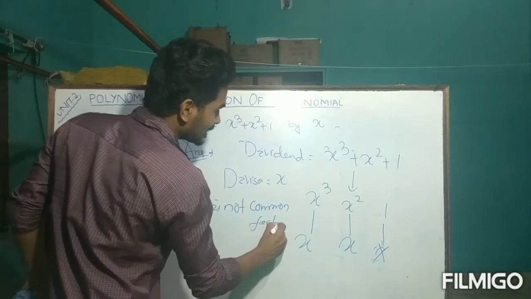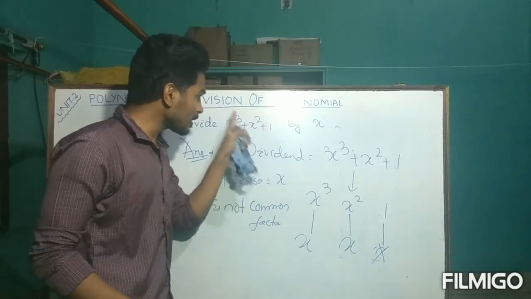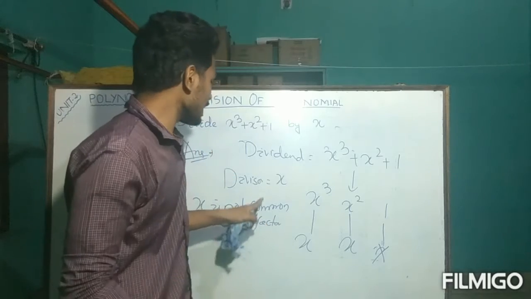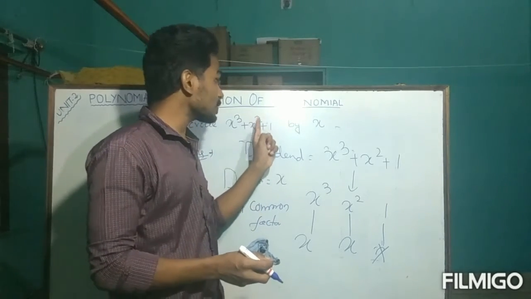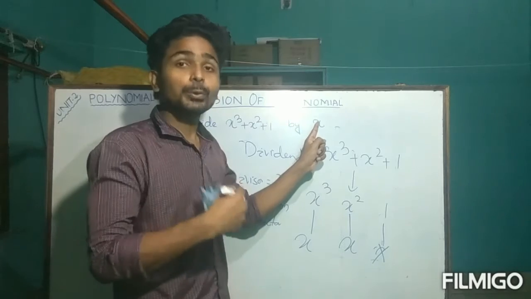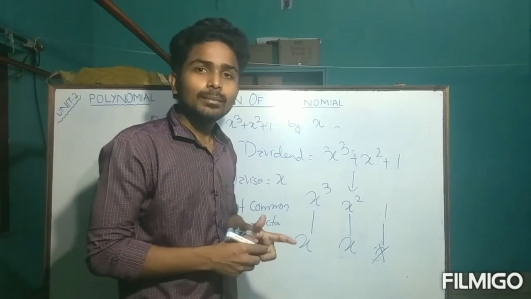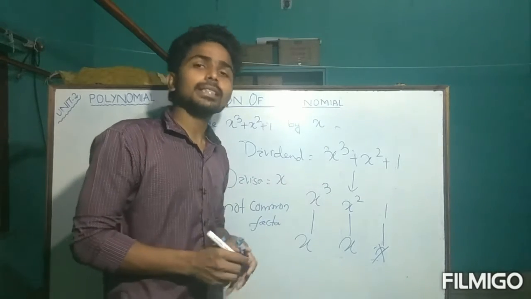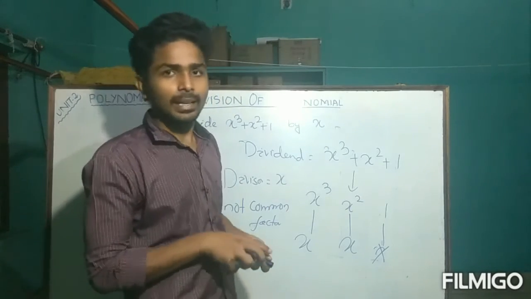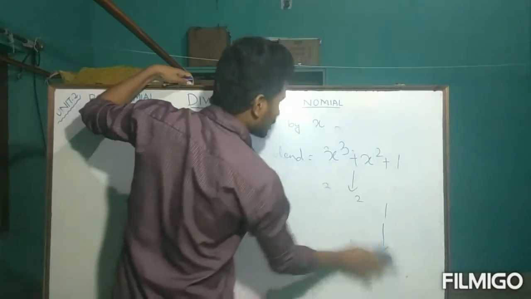So we can easily prove whether a number or a polynomial is a common factor of this or not. Since x is not a common factor, by dividing x cube plus x square plus 1 by x, do you get 0 as a remainder? No, you cannot get 0 as a remainder, because x is not a factor of x cube plus x square plus 1. Clear? So let us do one more example.